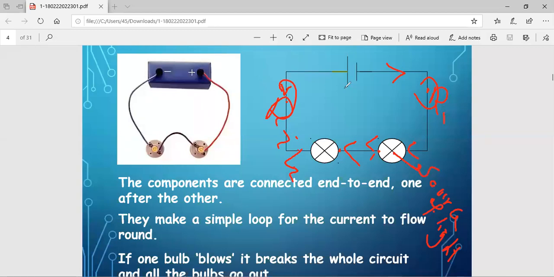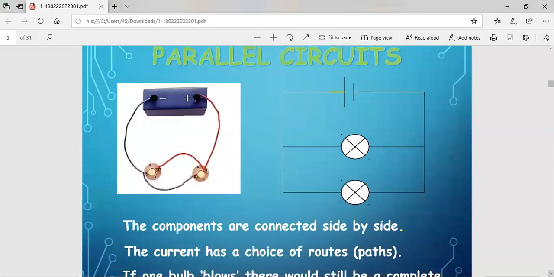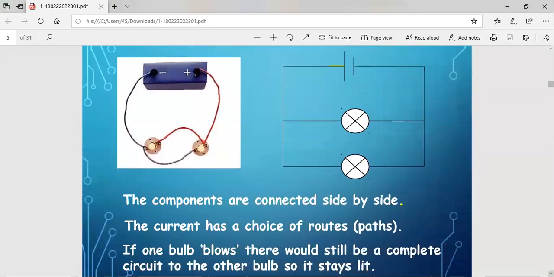So now we are going to talk about the second part, which is the connection of the electric circuit in parallel. As you can see here, as I told you, we call this parallel because this line here is parallel to this line.